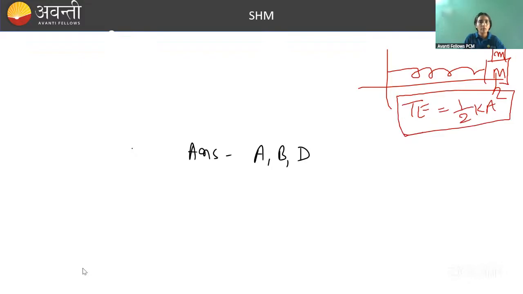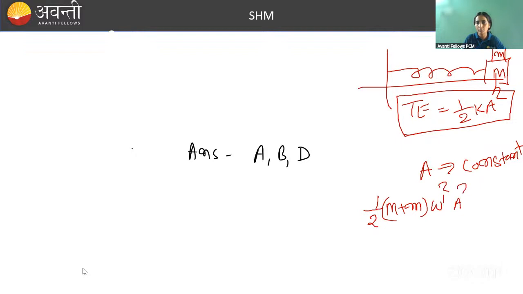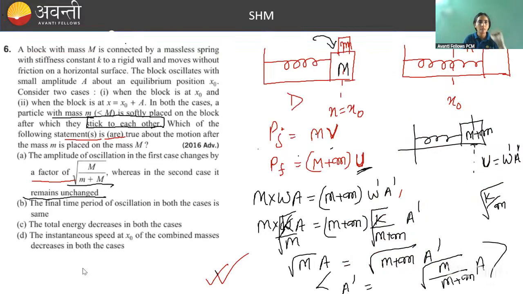So amplitude will remain constant क्योंकि एनर्जी रहा है कंजर्व्ड. ठीक है, एंड किसी भी पॉइंट पे दिस टोटल एनर्जी विल बी इक्वल टू द मैक्सिमम काइनेटिक एनर्जी. एंड मैक्सिमम काइनेटिक एनर्जी आप क्या लिखोगे? हाफ M प्लस m ओमेगा स्क्वायर A स्क्वायर. तो ओमेगा डैश का स्क्वायर A का स्क्वायर. हियर ओमेगा डैश हैज चेंज्ड क्योंकि नाउ दिस इज हैविंग मास M प्लस m, so you will write k by M plus m. अब आप सारे ऑप्शंस को देख लो एंड ट्राई रीडिंग इट.